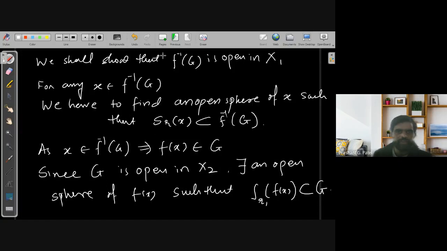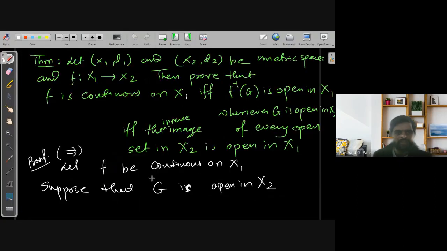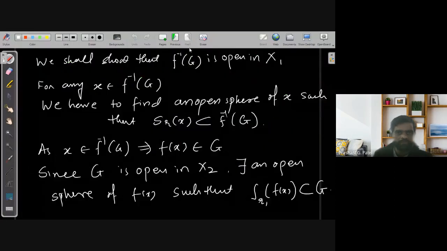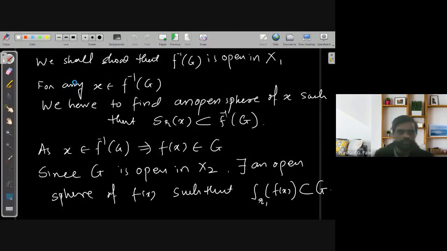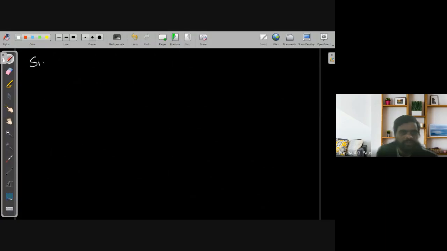Now what is given, this is also our assumption, is that f is continuous from X1 to X2.